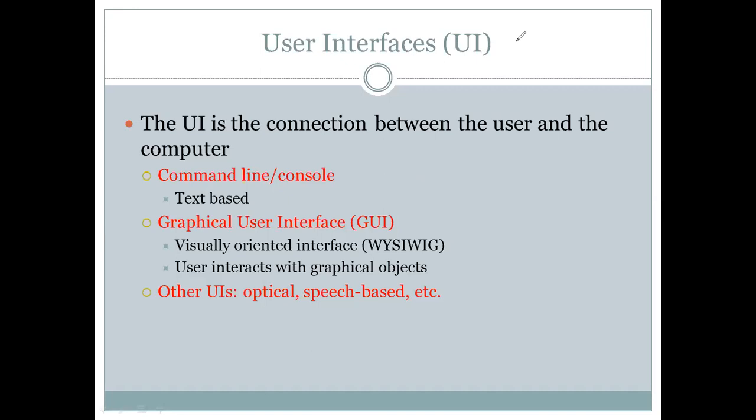Through what medium, or what will be the intermediate, whether it will be a text mode, command mode, or a GUI, a graphical user interface mode, or a command interaction mode.